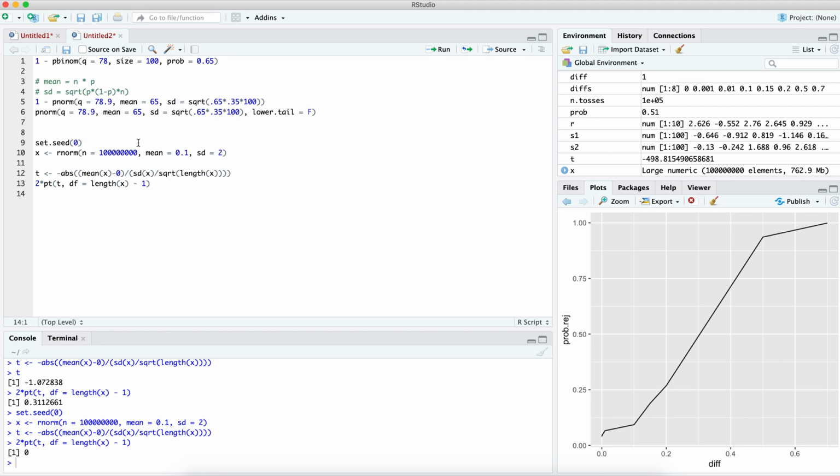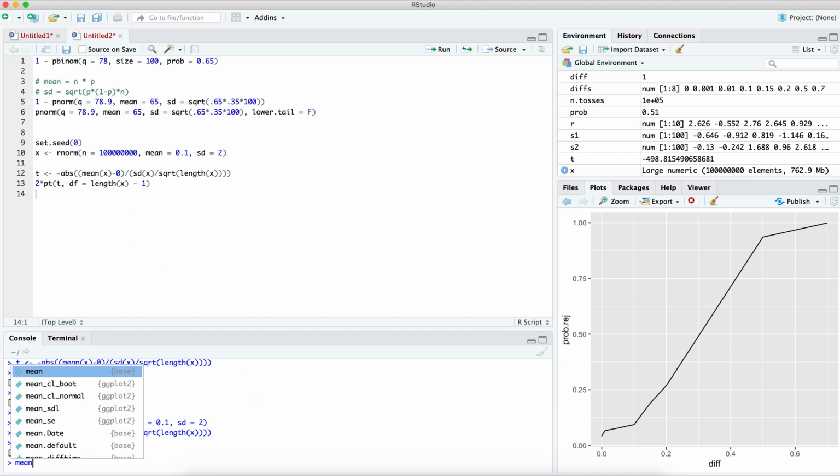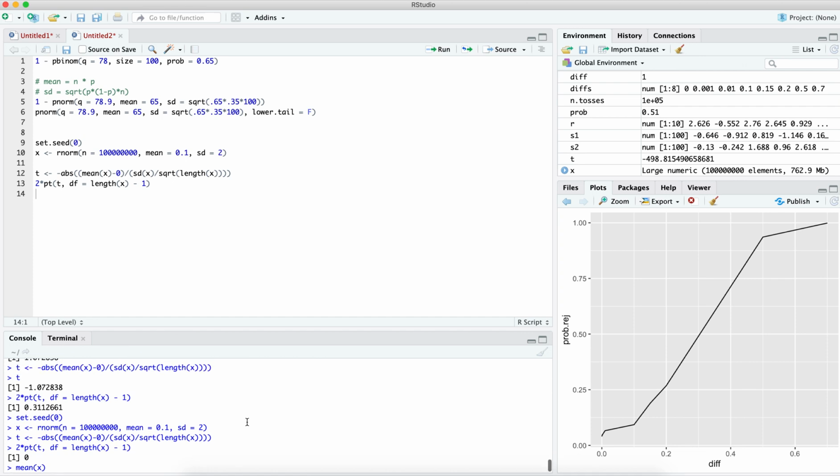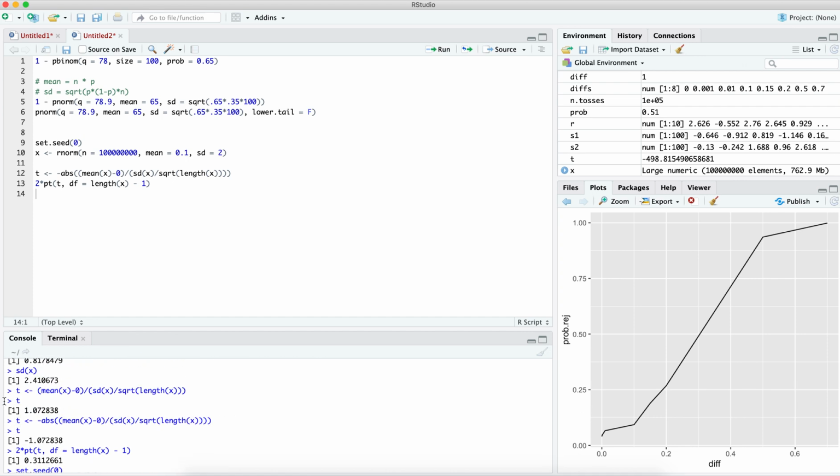So if you have more observations, that just means it's farther away from the mean? Well, no, it's going to be the same thing. If you do the mean of x, it's going to be 0.1, right? I don't remember what the mean of x used to be before, but apparently it was 1, so it was even further away actually.